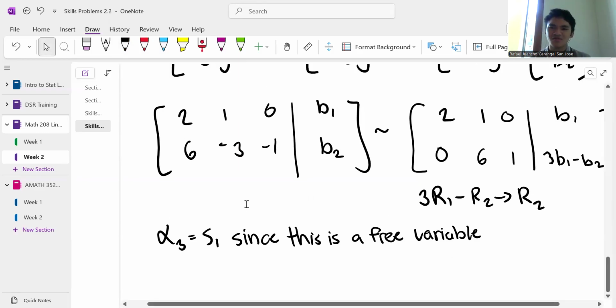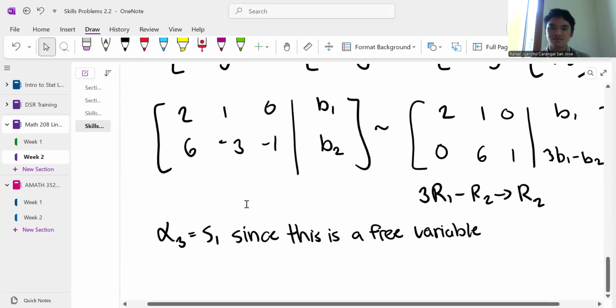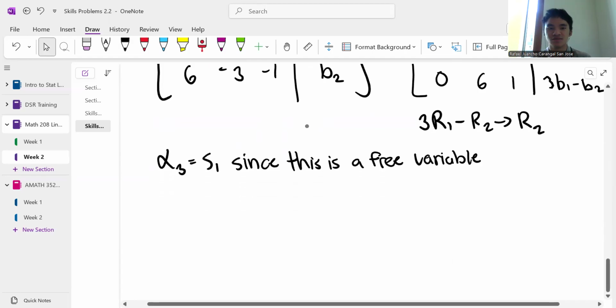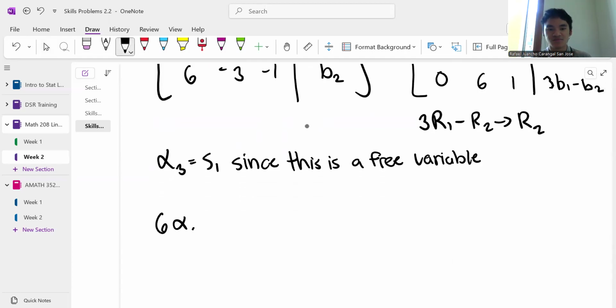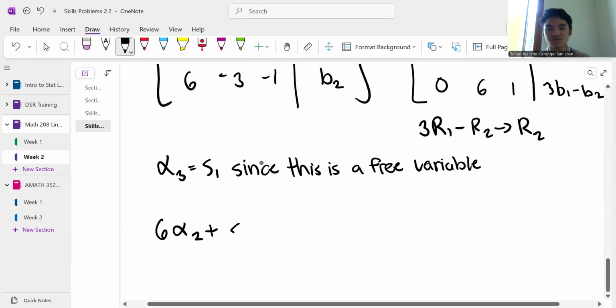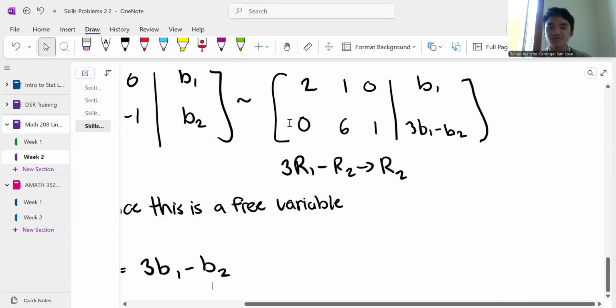Now I think we can solve this using back substitution. So what I would do is 6 alpha sub 2 plus alpha sub 3, which we say is S1. S1 is 3b1 minus b2. So that's the first thing that we can see from here. I'm starting from the lowest row.